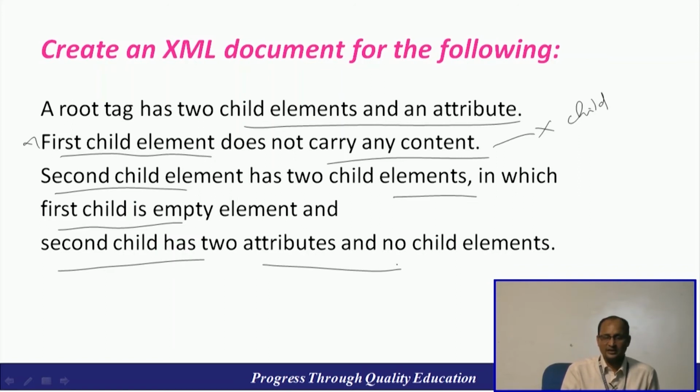In the sense, I have to specify the document content for which we have to create the XML document. But here, instead of giving the actual content, that is the context, I have given only the skeleton of how the XML document should be. Only the skeleton is given, we have to fix the content for this skeleton. Look at this example.